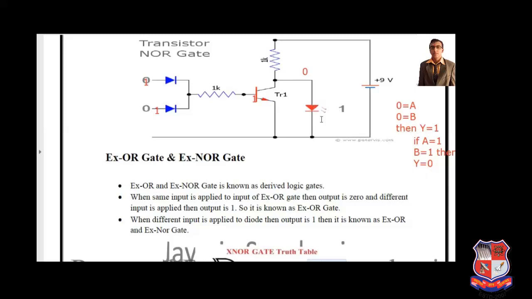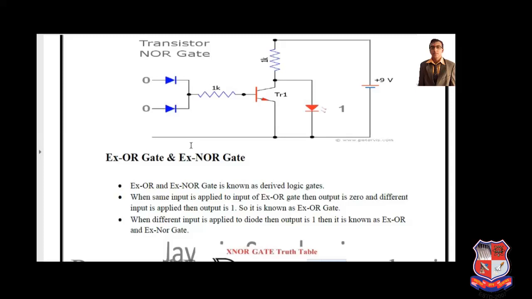It is known as NOR gate, A plus B all dash. Now we discuss the other point: XOR and XNOR gate. It is known as a derived logic gate. What is the meaning of derived logic gate?